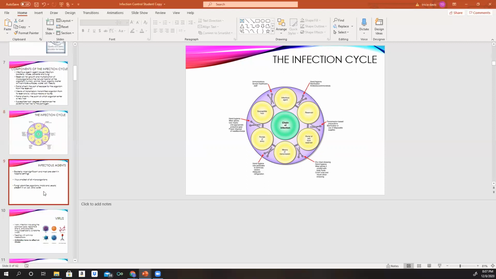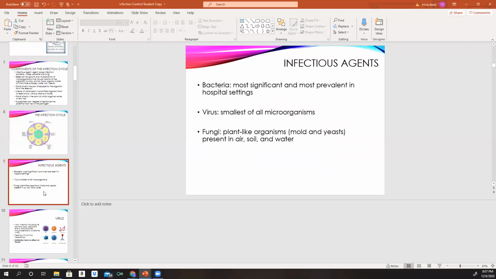All right, so we have infectious agents. Some of the more prevalent agents that cause infection are your bacteria, your viruses, and your fungi. Bacteria is the most significant and most commonly observed infection-causing agent in all healthcare institutions. Viruses are the smallest of all microorganisms.